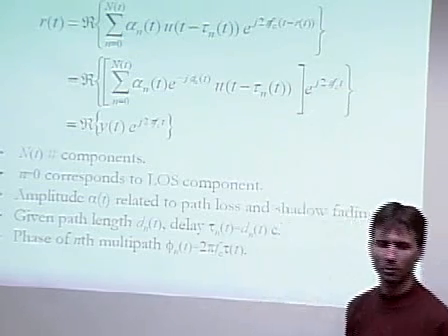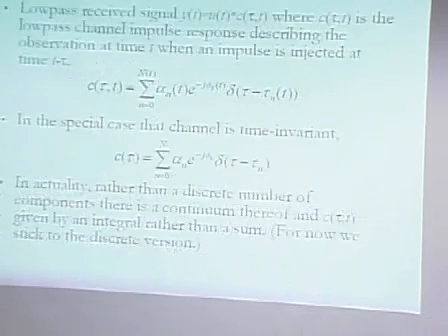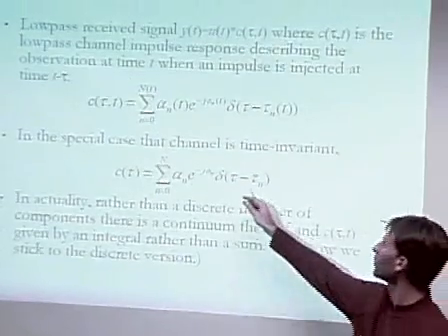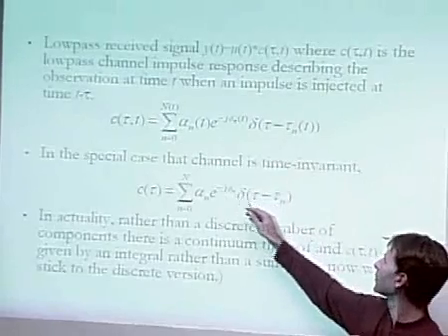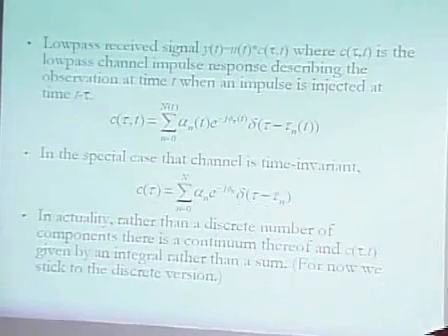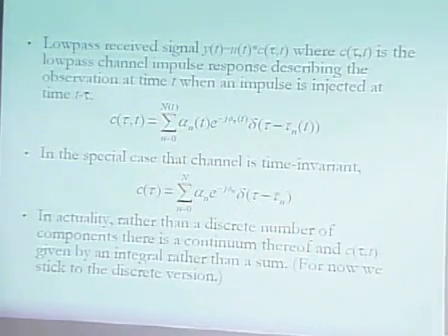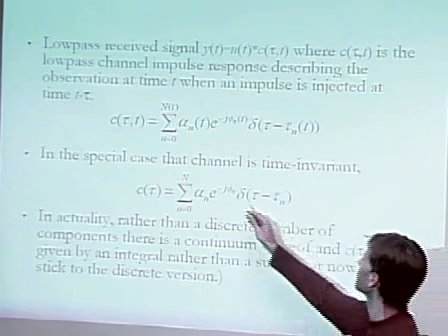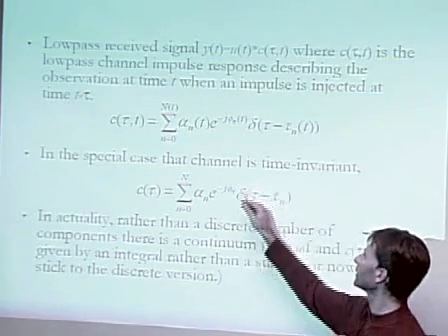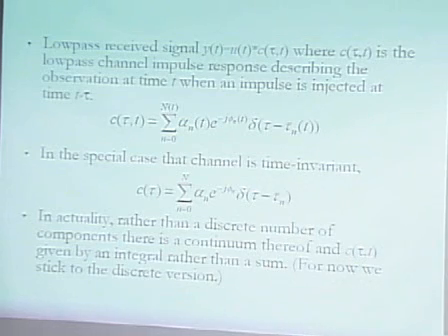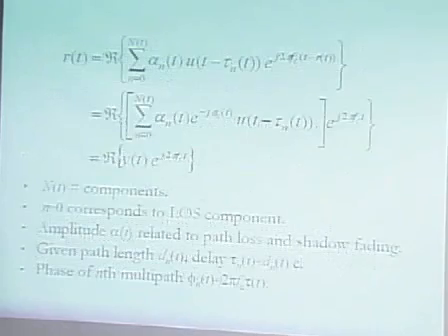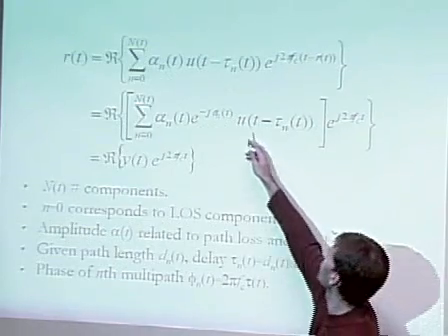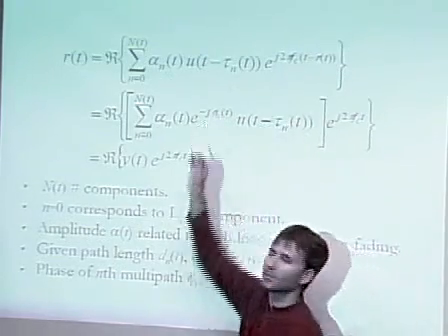I don't know if that's very obvious to you. I guess you all know how to convolve with an impulse at some delay. If you convolve a signal with an impulse at some delay, it just shifts the signal by that amount. So this convolution with these deltas is going to shift u of t by tau of n. That's what we have here, shifted versions, and all the other stuff is just a multiplying factor.